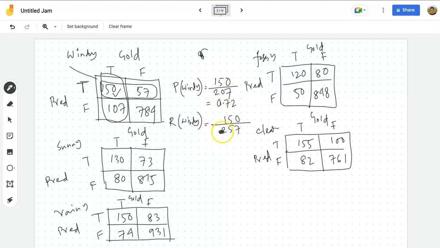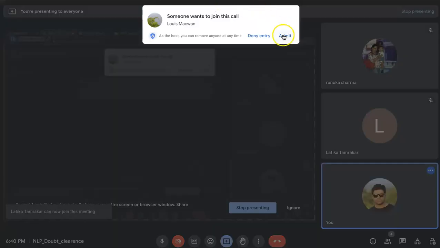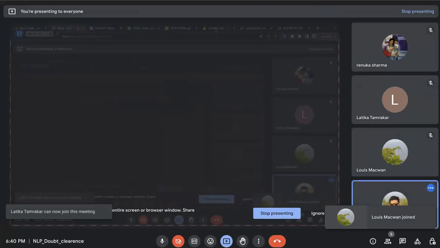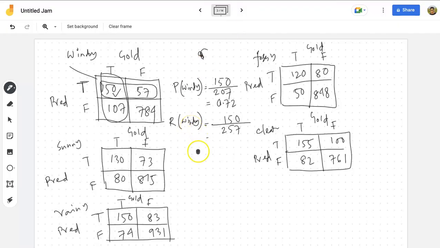You just need to remember the difference. If you calculate 150 by 257, it will be 0.58.